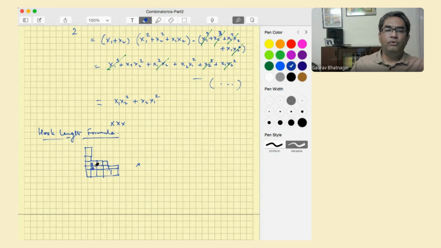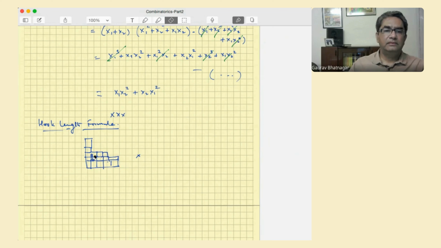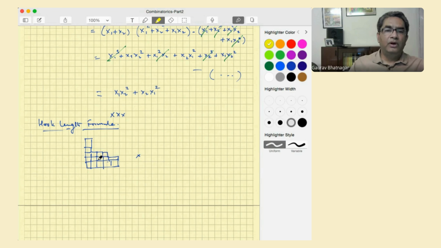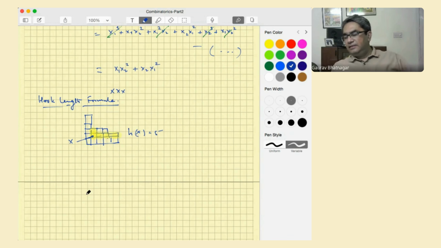So you count all these boxes, and you count this box. So 1, 2, 3, 4, 5. So the hook of this cell X is 5. So if X is the cell, then this is the hook.